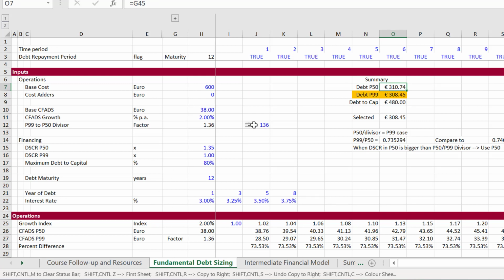And remember, the big theme was if you make it a smaller difference between P50 and P99, the P50 takes it. But if the P99 versus the P50 is really big, then the P99 case kicks in, and that can give you a lot lower amount of debt. So coming up with what's in the P99 is a big issue.